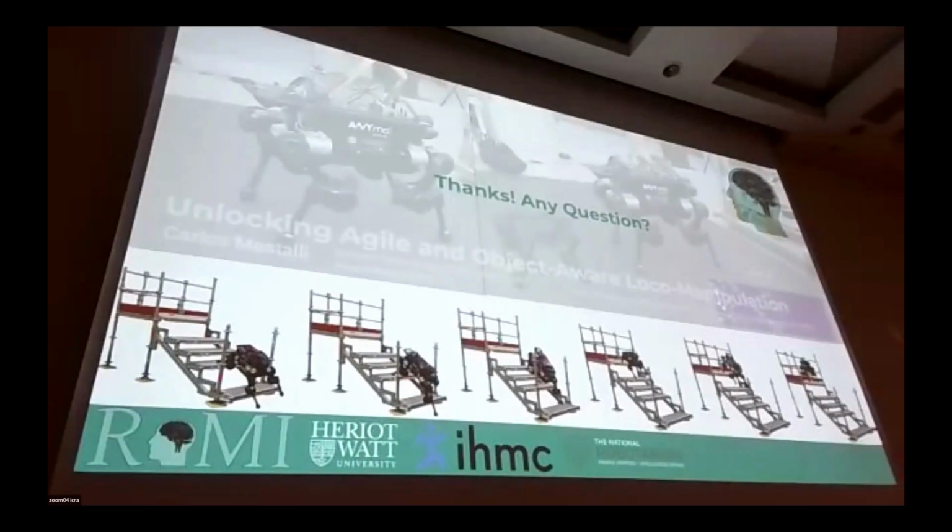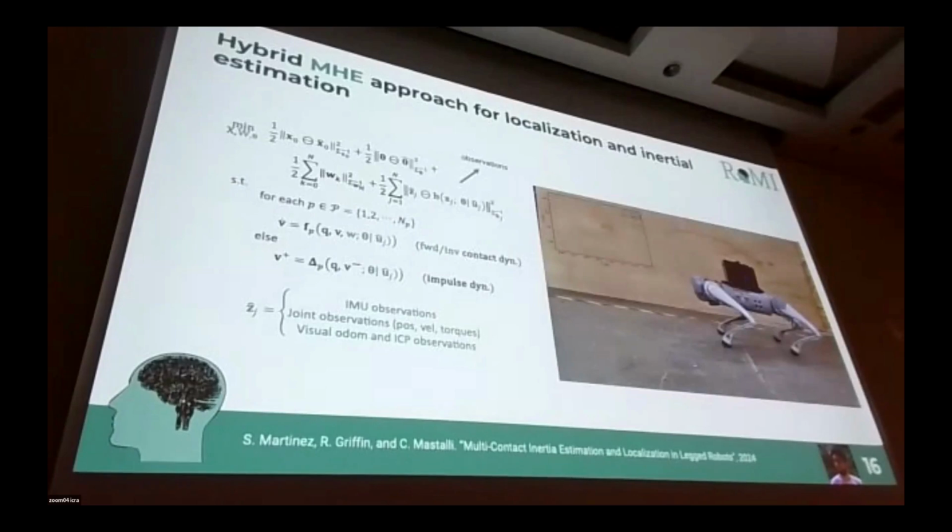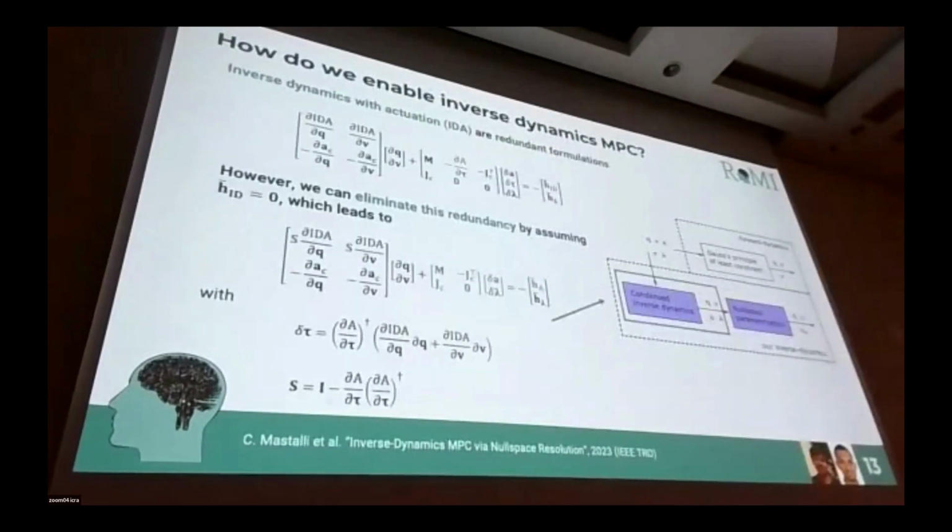Could you go to slide 13? Yeah, sure. Okay, slide 13. So you said that this H term, you're assuming that it is 0. What's inside the term? Because this is a linearization, it's basically an infeasibility.